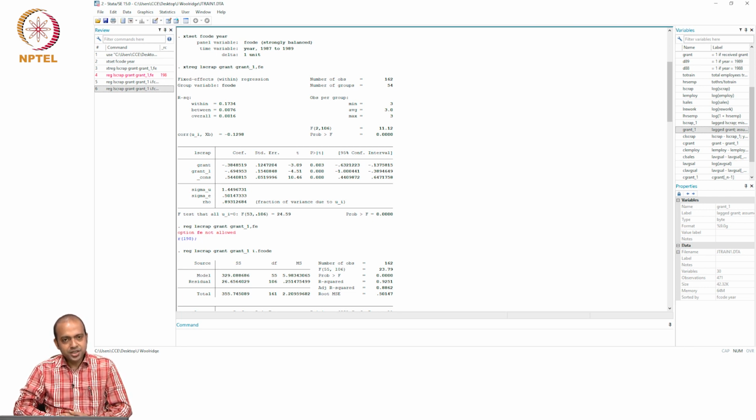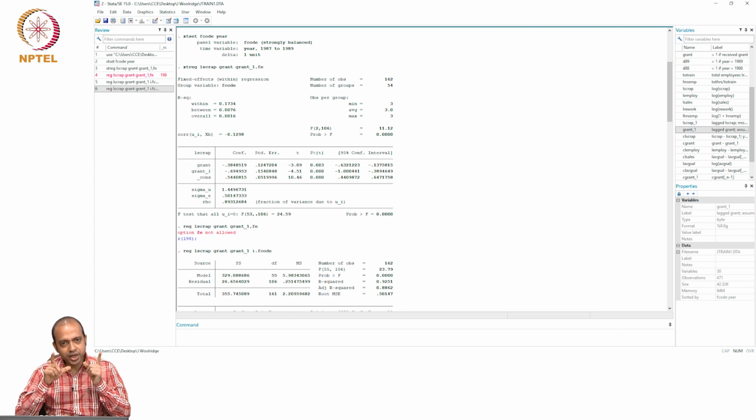Unrestricted means you have no restriction on AI, so you estimate a model using one intercept for one individual, and the restricted model is basically you put the restriction A1 equals A2 equals dot dot dot AN minus 1 is 0. Then you calculate this F statistic based on the two R square, R square restricted minus R square unrestricted. I am not going back to the formula. The idea is this.